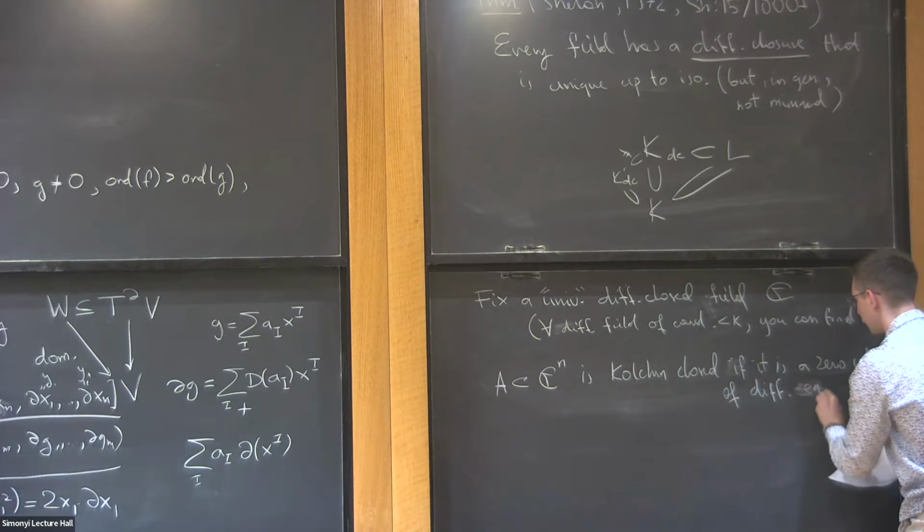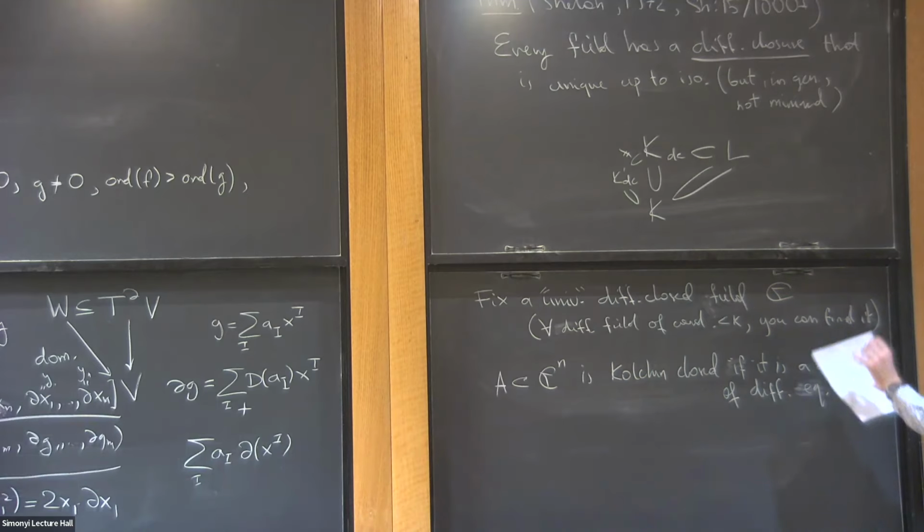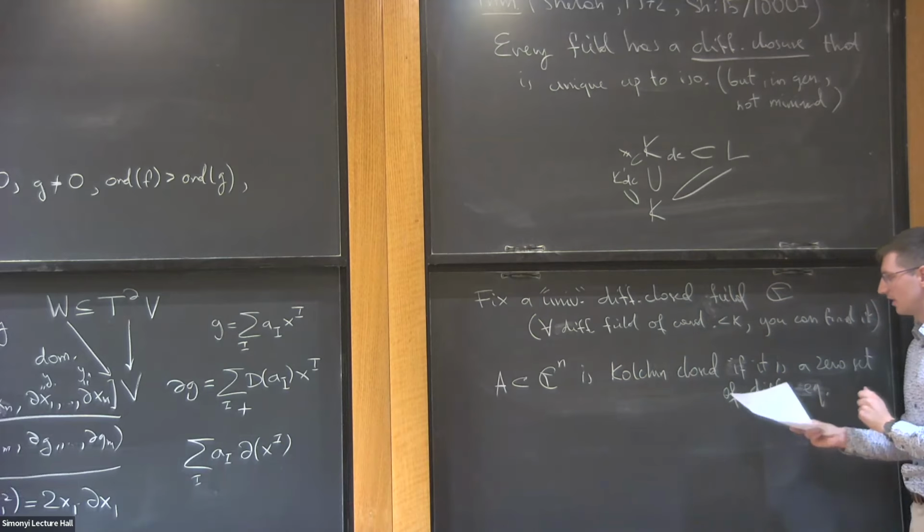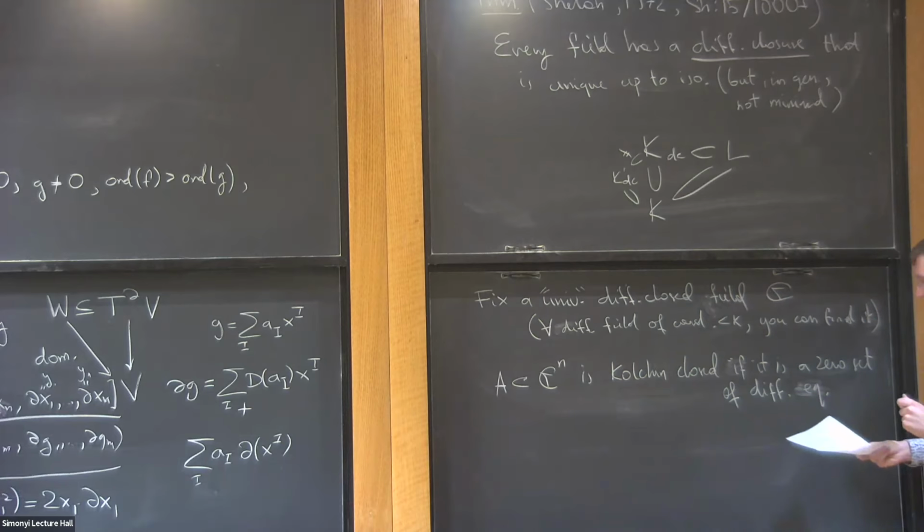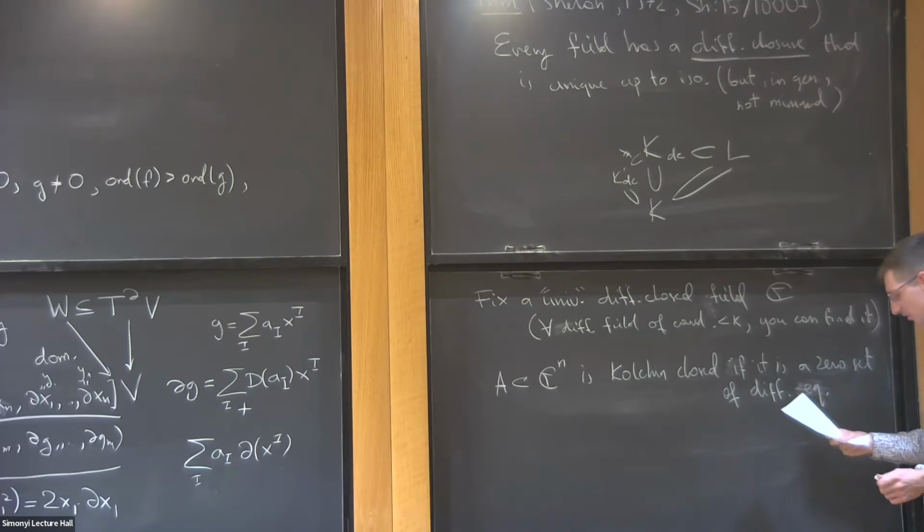Yeah, I don't have to really work in this universal one. I can work in any differentially closed field, but then I can talk about Kolchin closed subsets. I can also talk about Kolchin constructible, so it's like algebraic geometry.